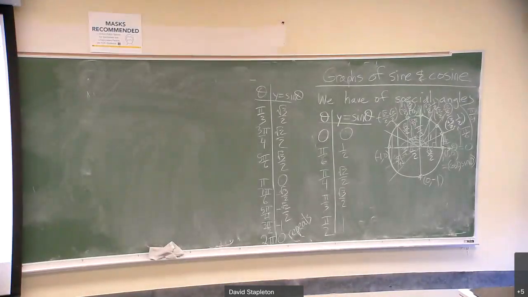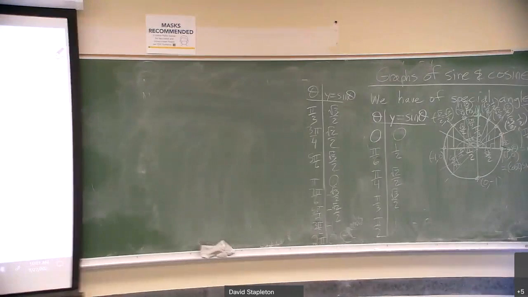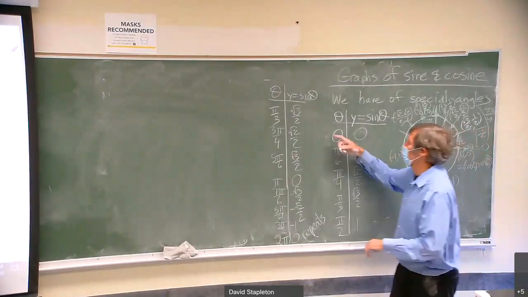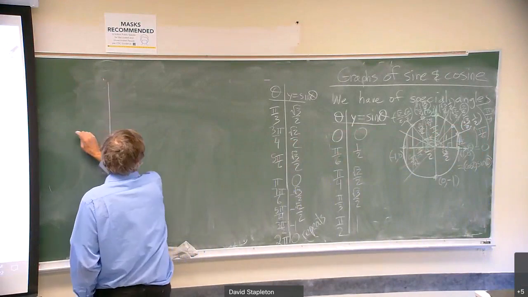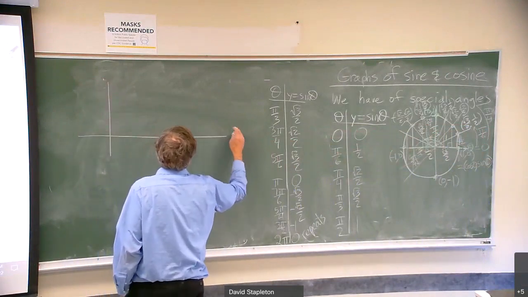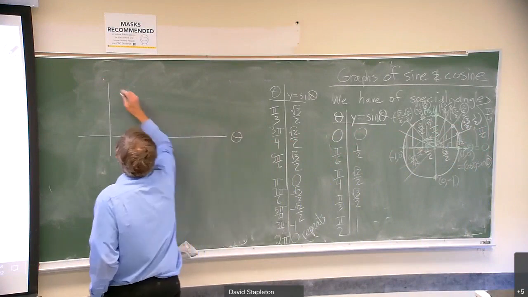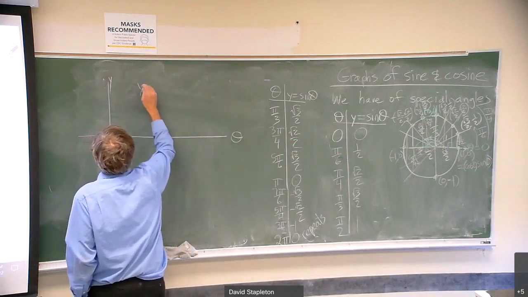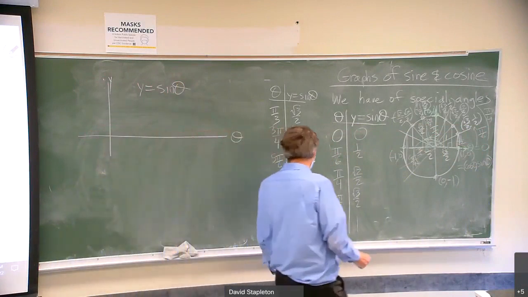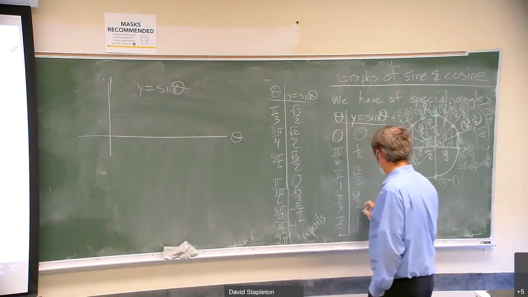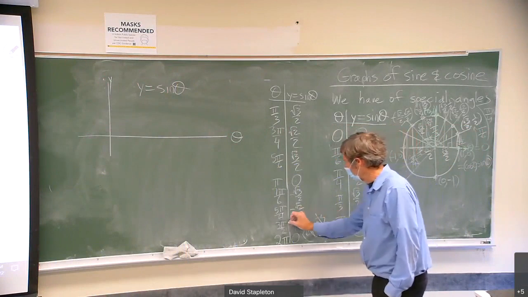In other words, if I plot this table I just built up from the unit circle, I get this graph. There's theta, which is y, and I plot y equals sine theta. I notice that the largest y coordinate in here is 1, and the smallest y coordinate is minus 1.